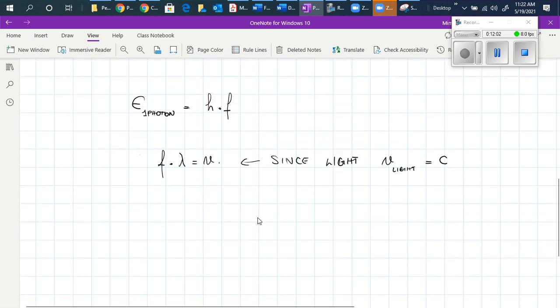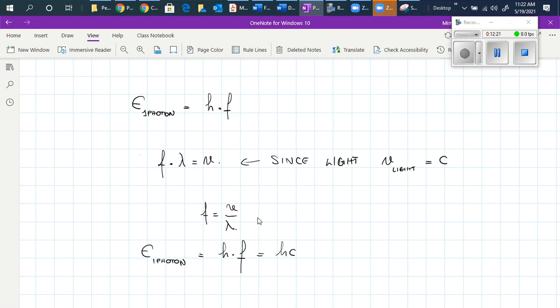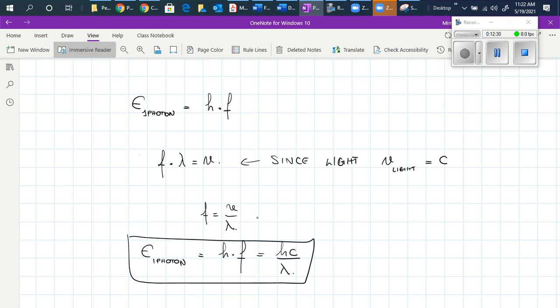Therefore, the frequency will be equal to c over lambda. So if we have one photon, then the energy may be calculated as h times f, or h times c over lambda. Both of them are right, depending on what you are looking for or what is given to you.